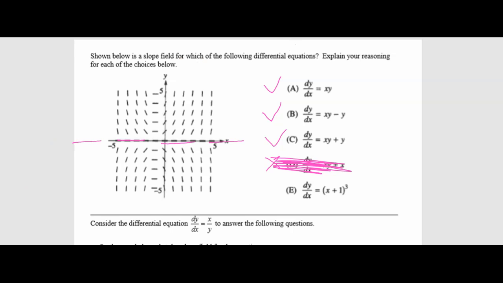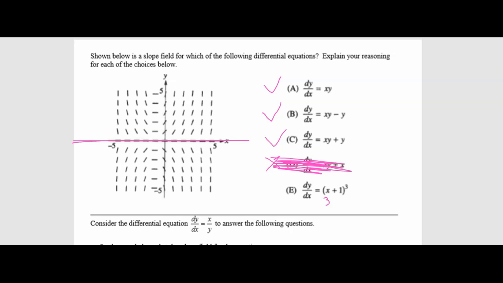And then for E, it actually doesn't work either. And you can tell that because if I just look at the x-axis, which is where all of my slopes should be 0, well, if x is 3 and y is 0, choice E is going to be 64, right?